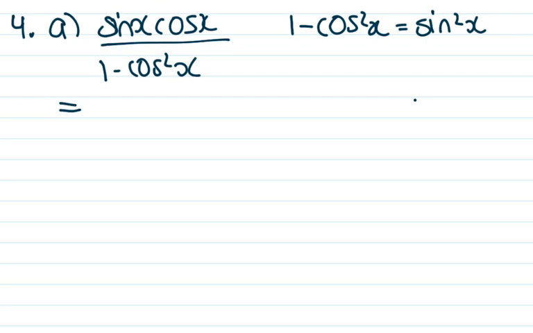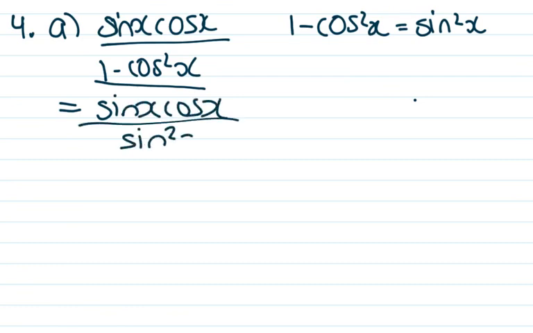So I'm going to replace 1 minus cos squared x with sine squared x. So now I have sine x cos x over sine squared x. Now, sine squared x is the same as sine x times sine x, right?